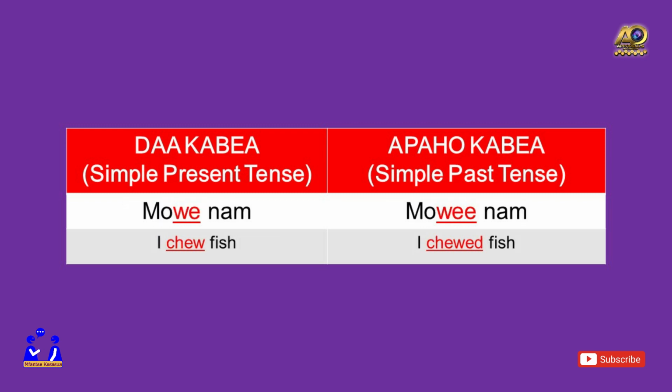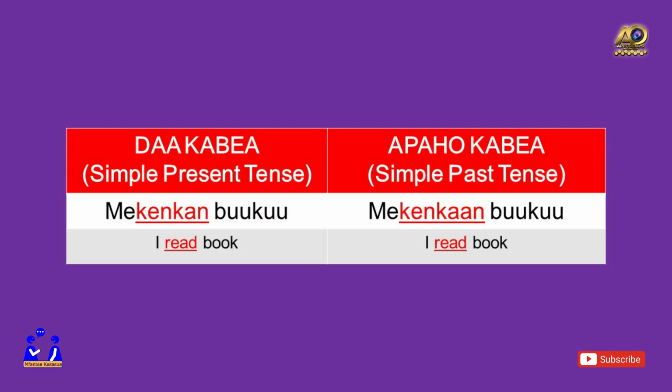Here we have morinam. Changing morinam to the simple past tense, we have doubled the vowel, which is E, and it's A in Fante. So here we will have morenam. We have here mekinkan buku.